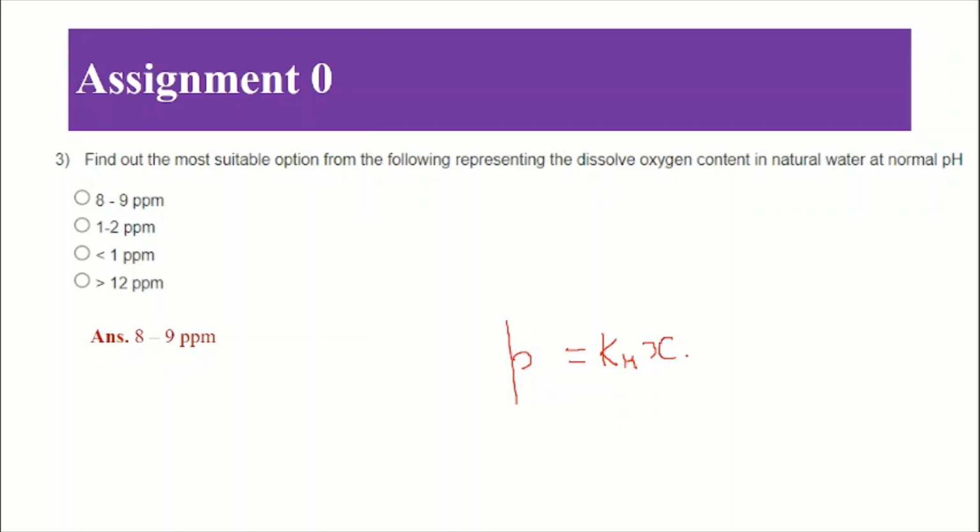So mole fraction of that gas in liquid or the mixture, and partial pressure of that gas in the atmosphere above it. So Henry's law basically gives the concentration of gas either in the gaseous phase or in the mixture phase, if you know the other two terms.